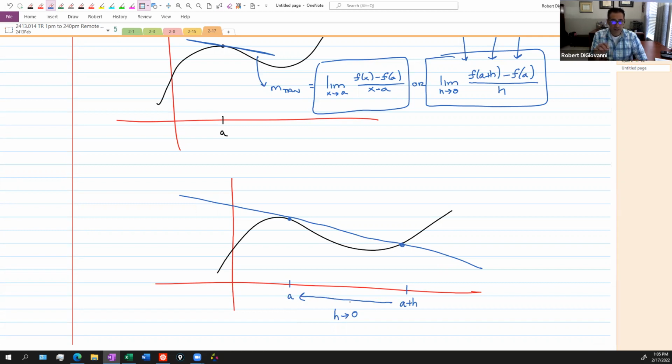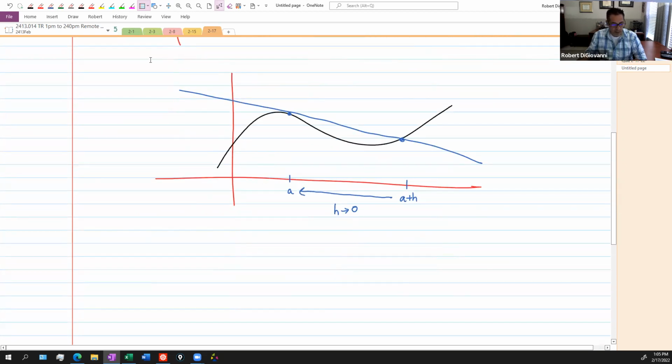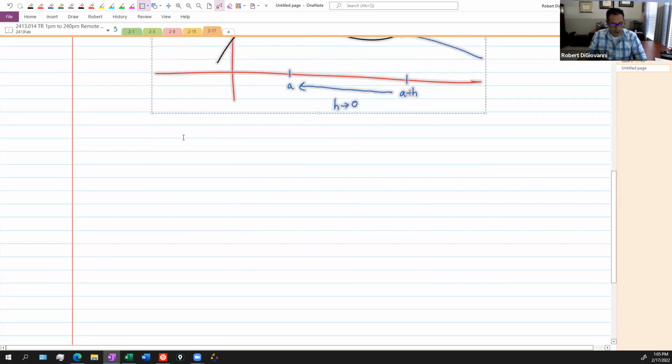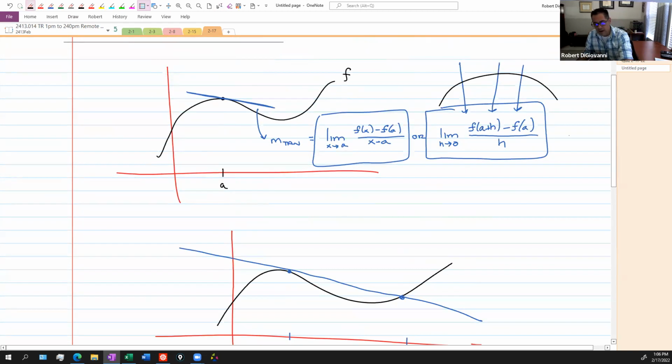Well, in this new section, we're going to use this same picture. I'm going to take this same exact picture, but instead of using the letter A, I'm going to use X. So if we replace this with X, we replace that with X, then it's the same limit, this same thing.